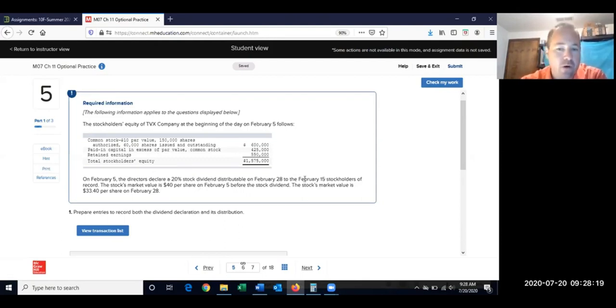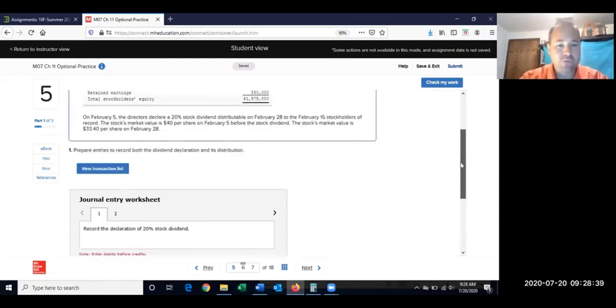We're going to give it to the people who are record holders as of the 15th, and then we're actually going to pay it on the 28th. The stock market value of the shares is $40 on the date. That's the one we're going to use. And the stock market value is $33.40 on, okay. So let's do the entry.